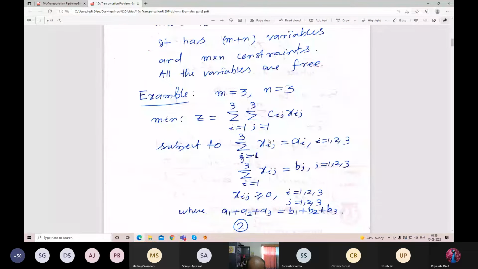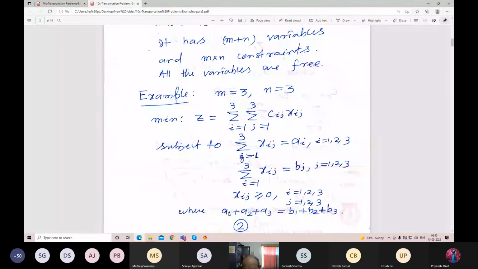There are altogether 3 plus 3, there are 6 equality type constraints. With respect to source, there are 3 constraints. With respect to destination, there are 3 constraints. Altogether, there are 6 constraints. And for this problem, one extra condition is imposed. It is a balanced transportation problem. Balanced means a1 plus a2 plus a3 equal to b1 plus b2 plus b3.